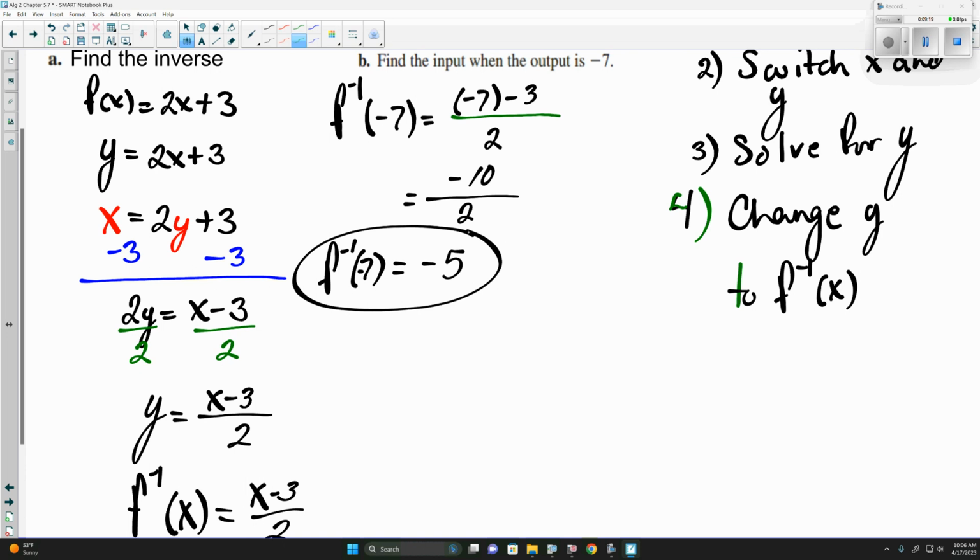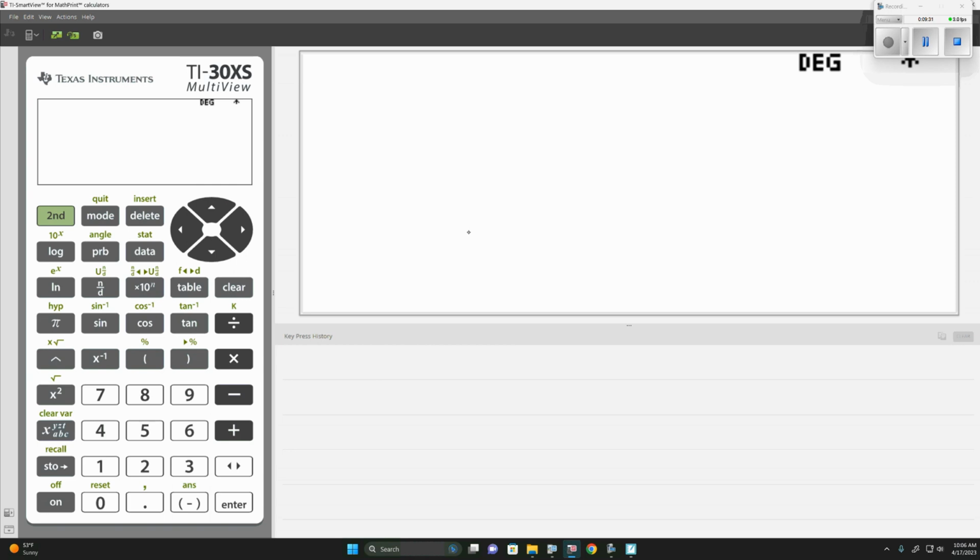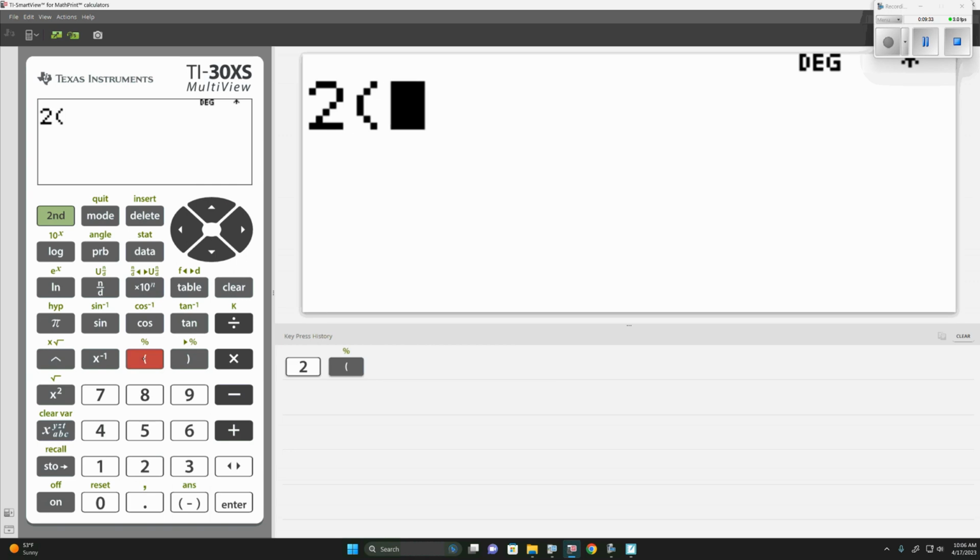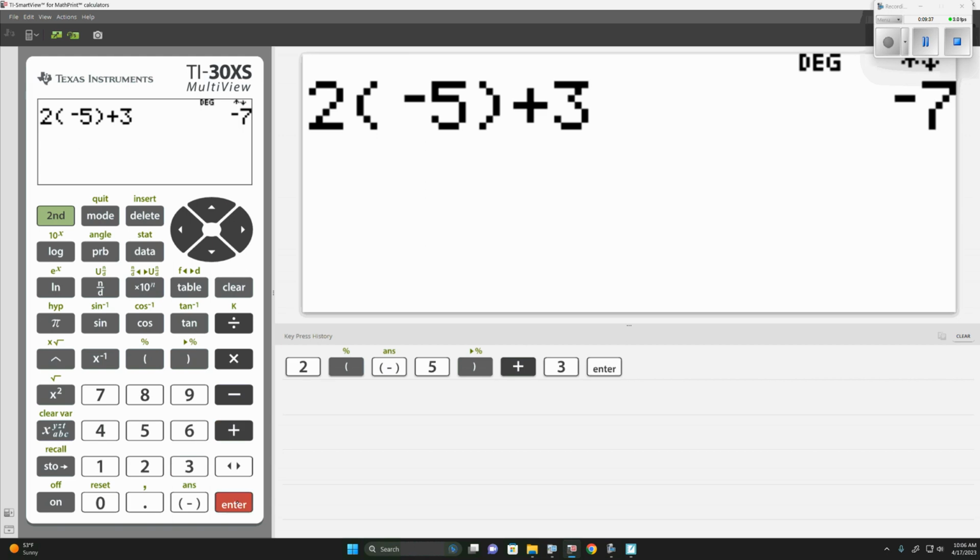What that also means is that if I plug -5 into our original function, we would get -7. And I could do that in a calculator here. We can say 2 times -5 plus 3 is -7.